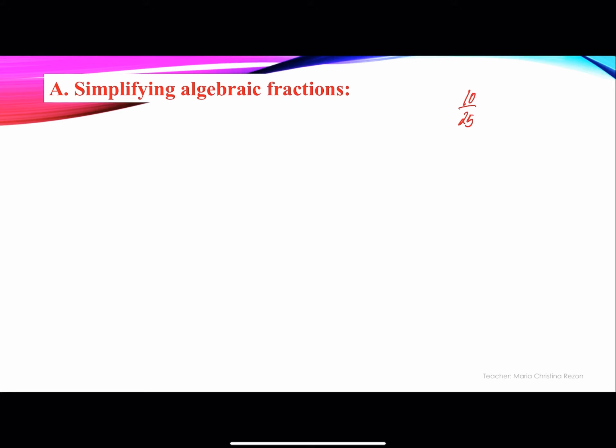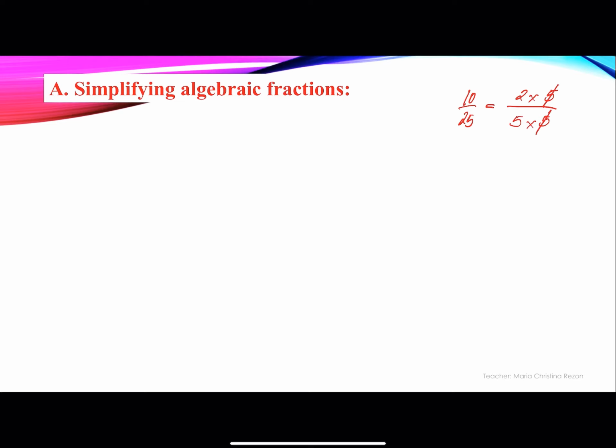How to simplify 10 over 25? We simply factor 10, and that is 2 times 5. And then, of course, we factor 25 as well, and that is 5 times 5. You see there is a common factor, which is 5.